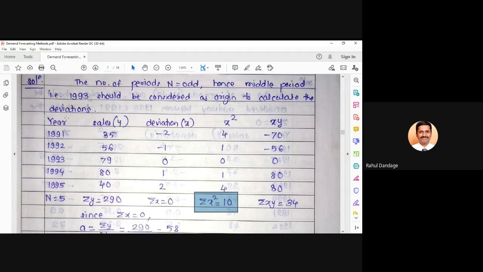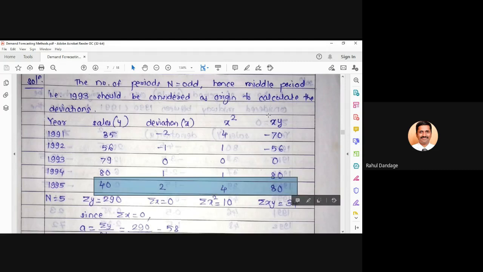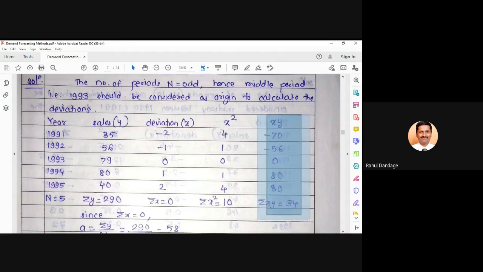So 35 into minus 2 is minus 70, 56 into minus 1 is minus 56, 79 into 0 is 0, 80 into 1 is 80, 40 into 2 is 80. So if we check the last column, what we observe is the summation of xy is equal to 34.